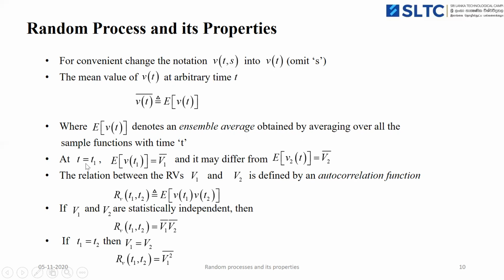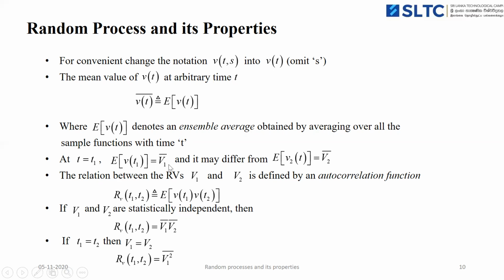Then if you observe the value at time t equal to t1, the mean value is the expectation of V of t1. Here we are mentioning the specific time t1, so it becomes a random variable. The expectation of V of t1 equals V1 bar, the mean value of the random variable V1.